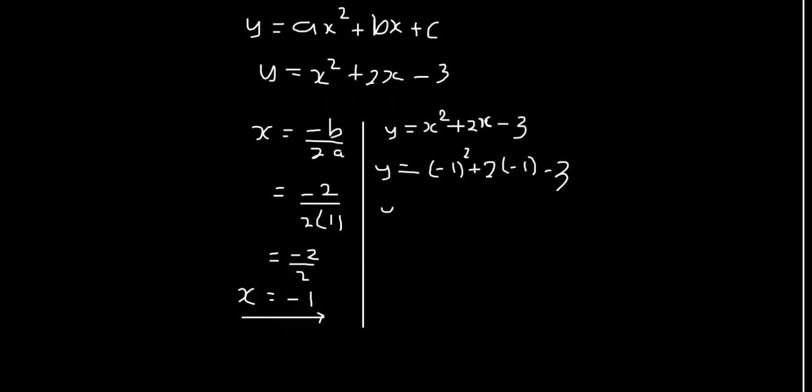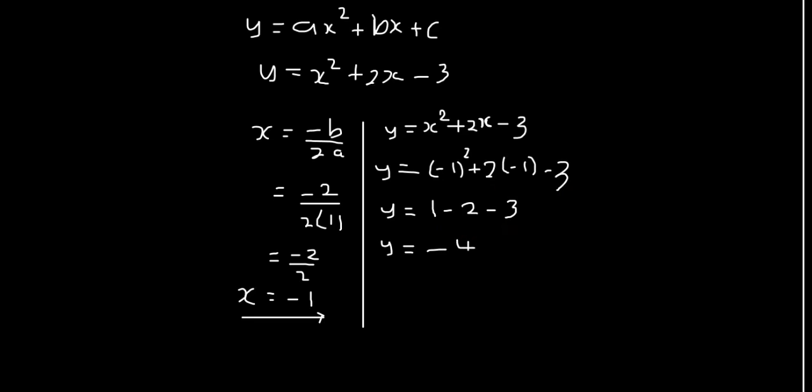Our y will be equal to 1 minus 2 minus 3. It's 2 times negative 1, which is negative 2, and then the negative 3 goes down like this. Negative 2 and negative 3 is negative 5, and negative 5 plus 1 is negative 4.